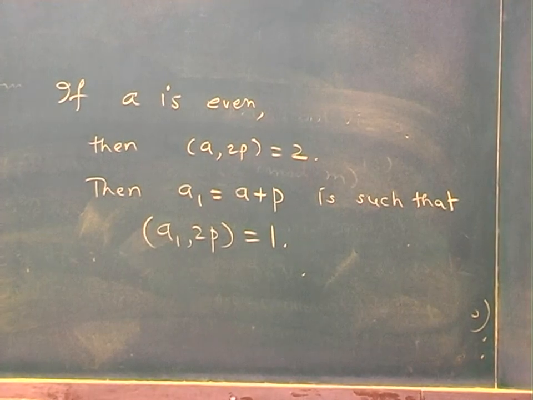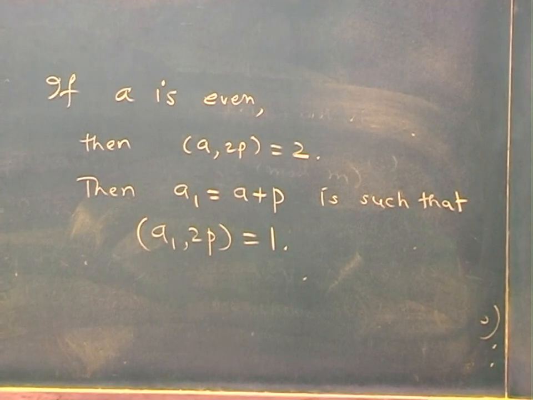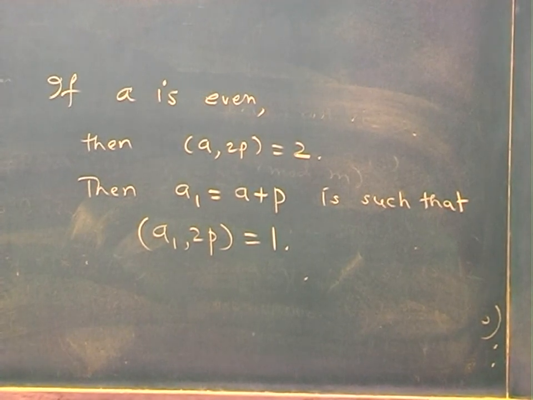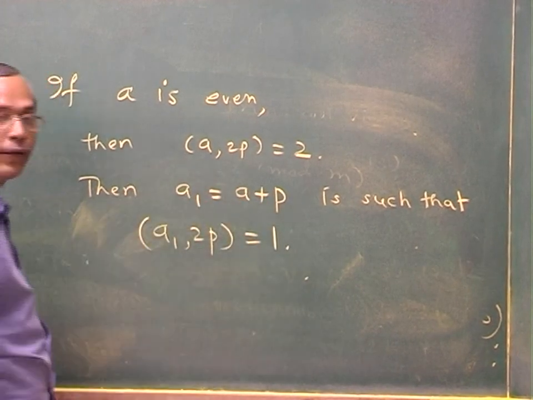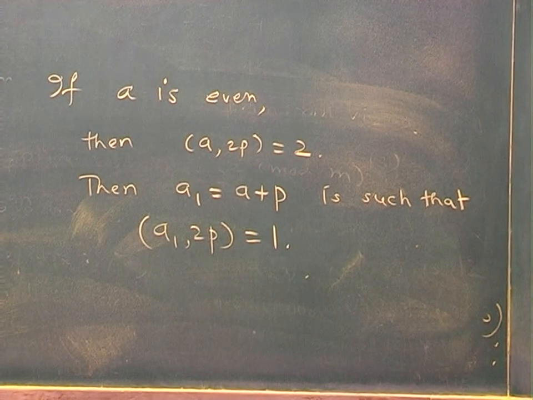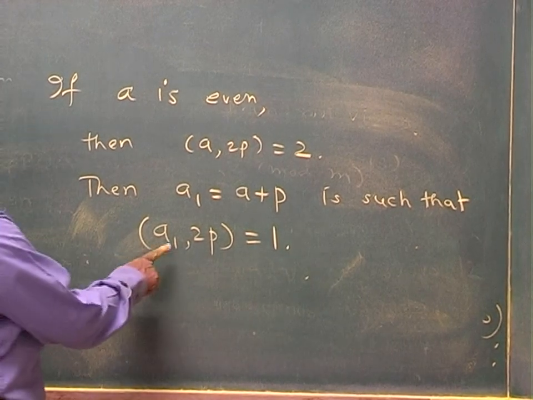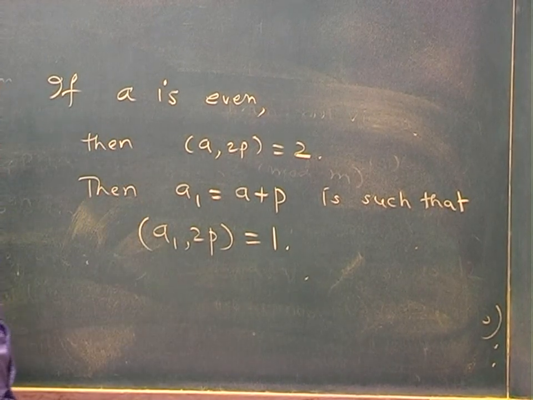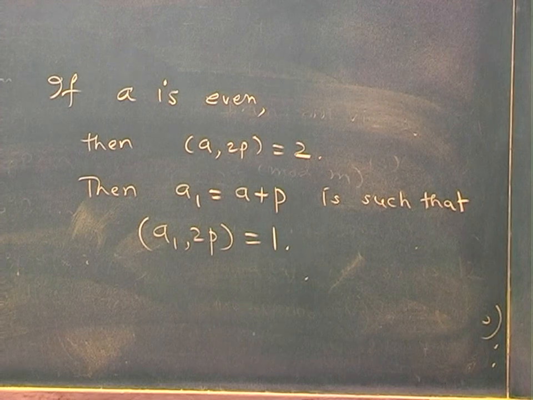A is coprime to p, so A1 is also coprime to p. A was even and A was not coprime to 2, but now I have made it odd by adding p to it. A is even, p is an odd prime, so A1 is odd. So A1 is now coprime to 2p, and now you can check that A1 is of order phi of 2p, that is p minus 1, modulo 2p.